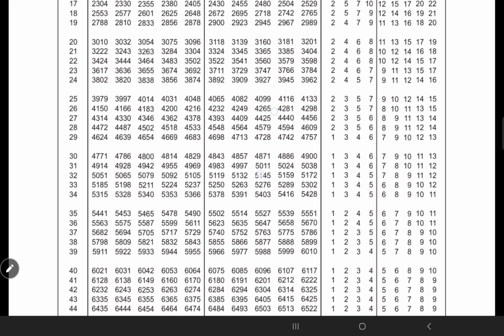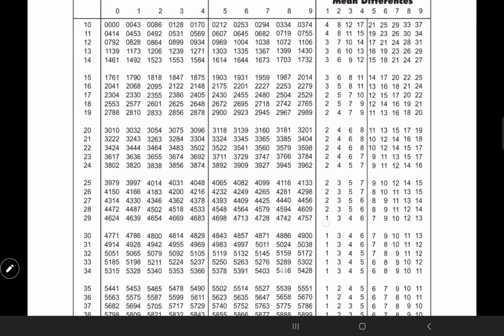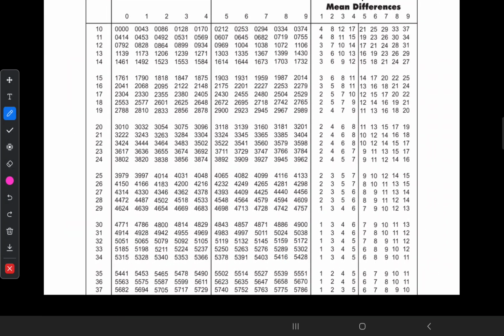5189 is somewhere here. Not the 51st row and 8th column, not that one. This is the antilog function, so we are doing the opposite of the previous thing. Inside the table, here we have 5185, but there is no 5189 here.